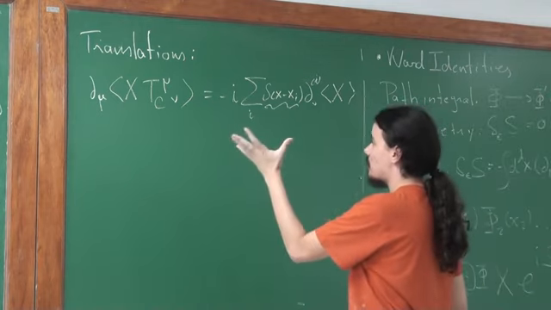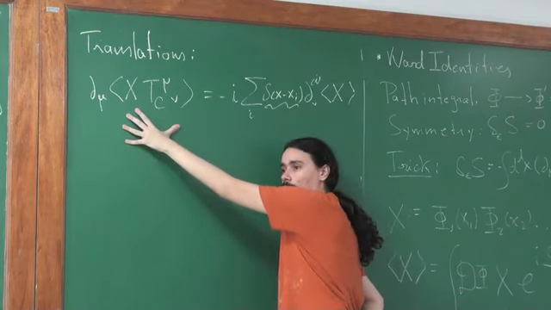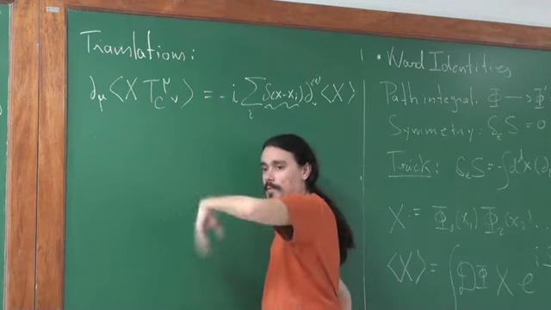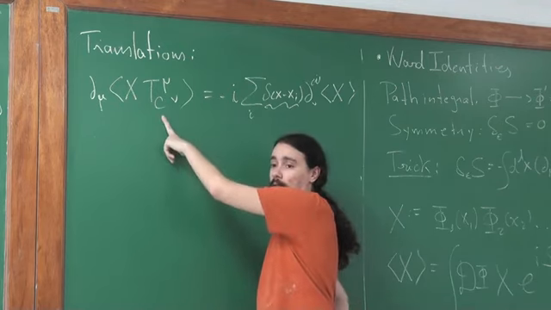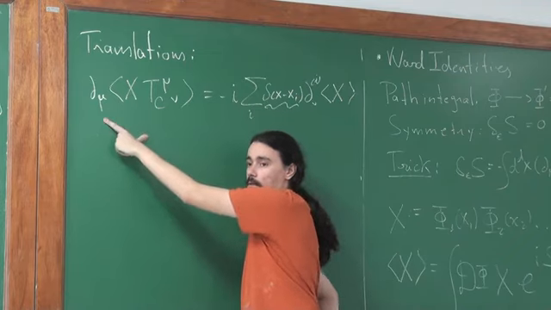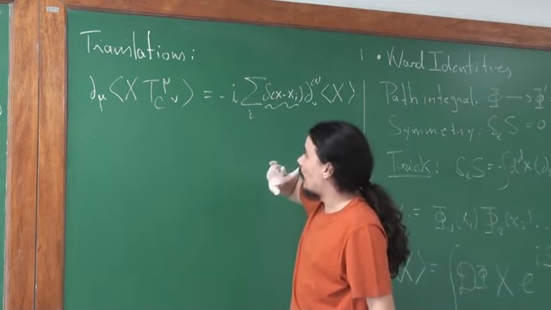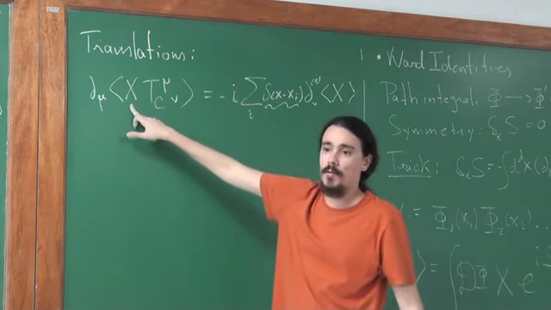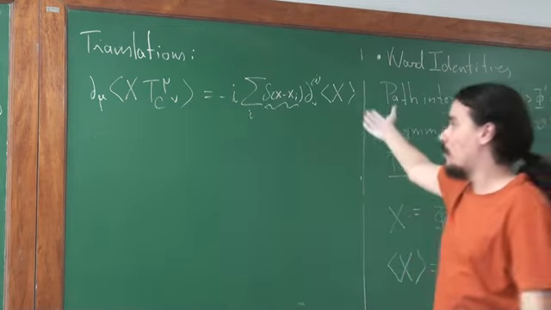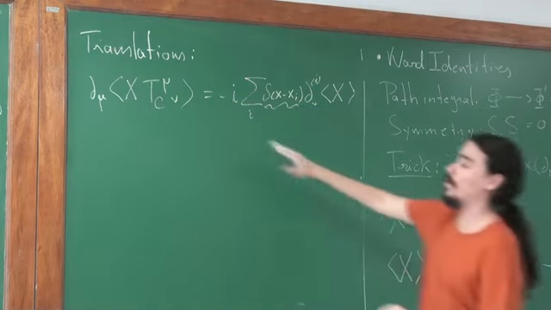And this means that physically, if I have this operator X, that can be pretty much any operator in the theory, a product of operators at different points, and I make an insertion of the energy momentum tensor, then this must be conserved, except at points that coincide with the operators inside this X. If I insert this energy momentum tensor at the same point as some of these operators, then I might not get this to vanish.